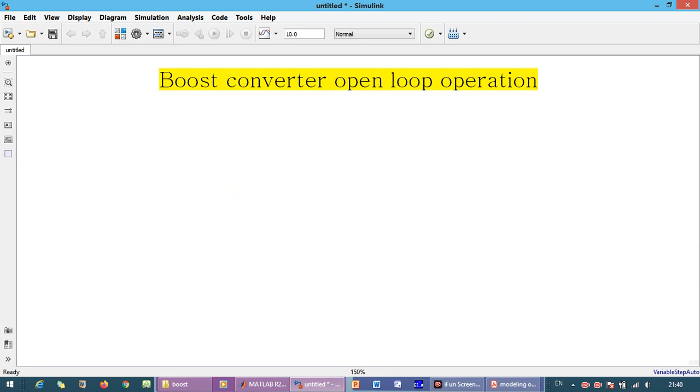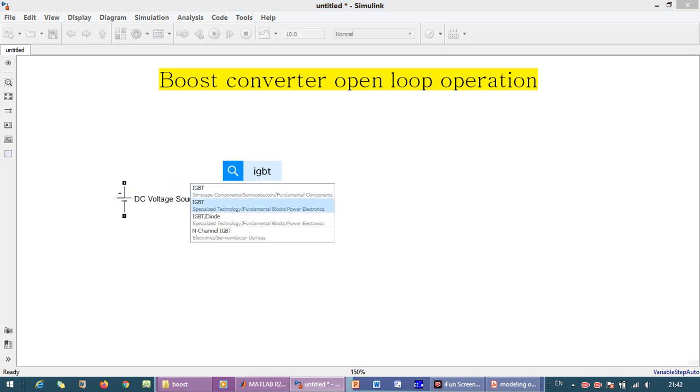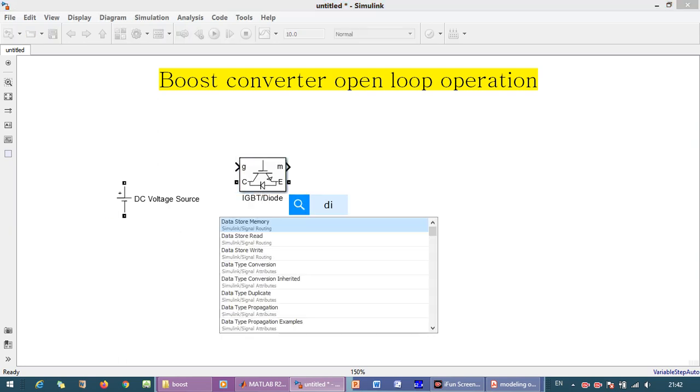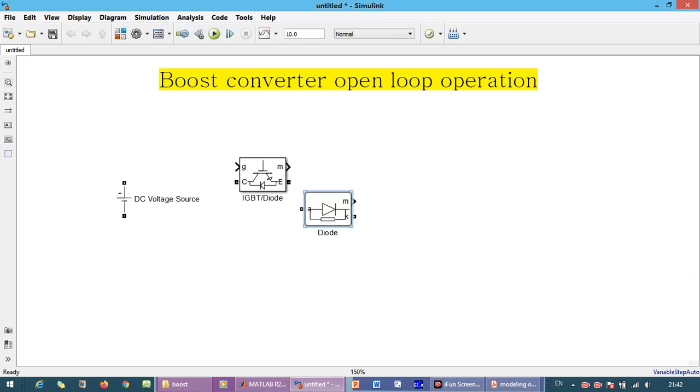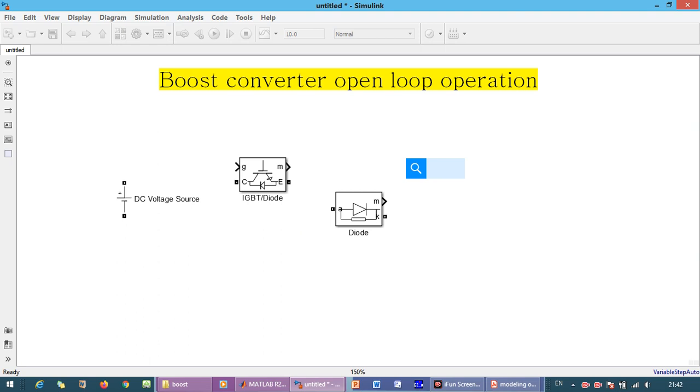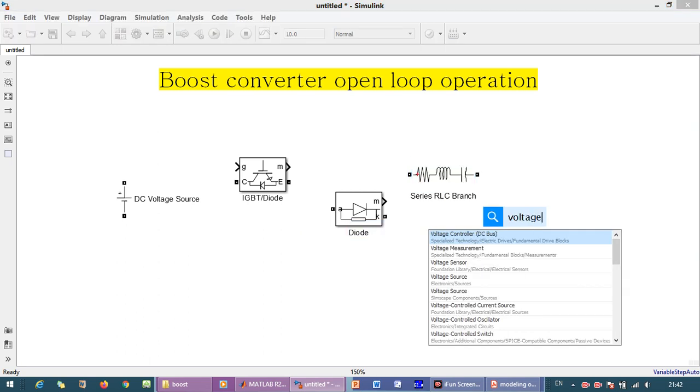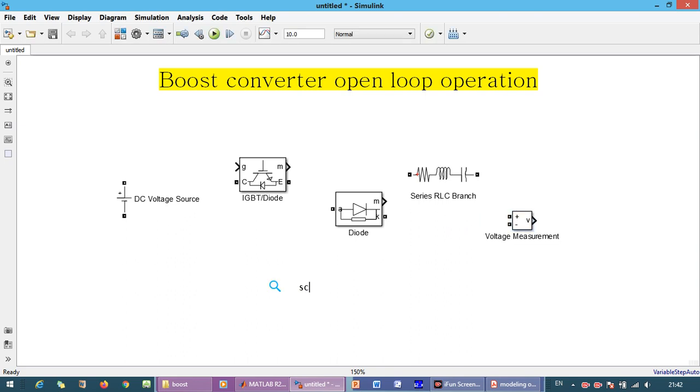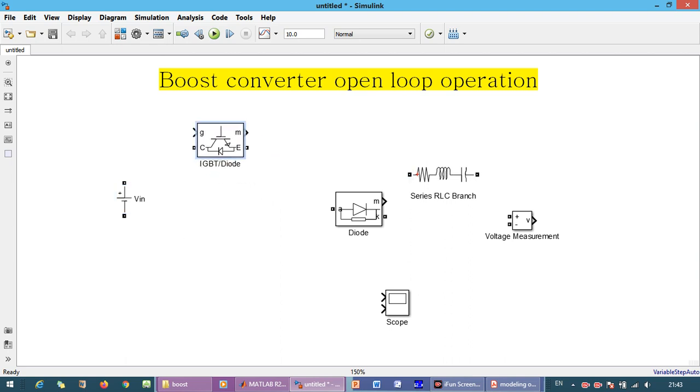What we require to perform the boost converter is a DC voltage source, IGBT, diode, series RLC branch, voltage measurement, and scope. The number of inputs we are connecting as 2. Now we just set this as input voltage.